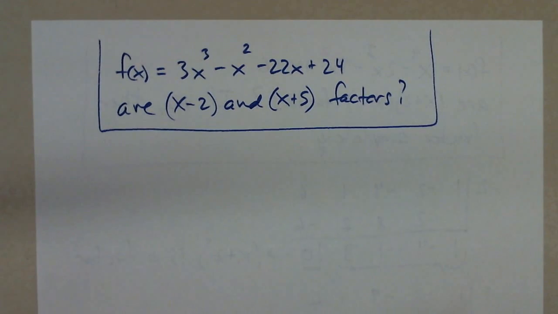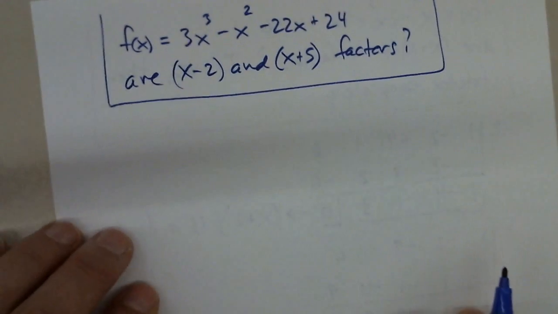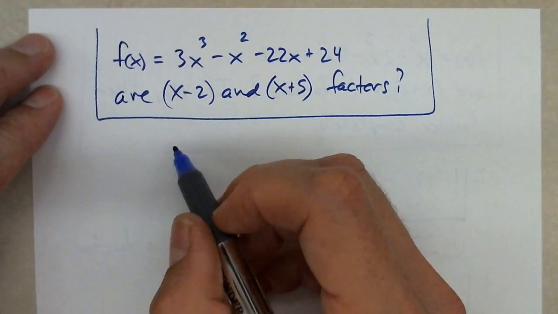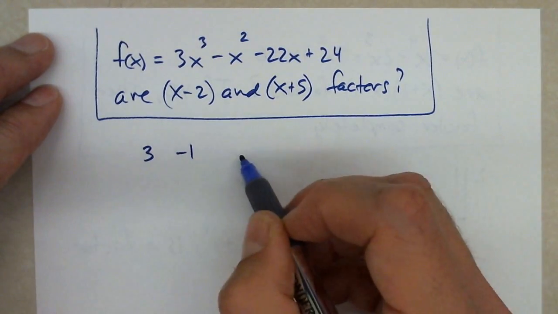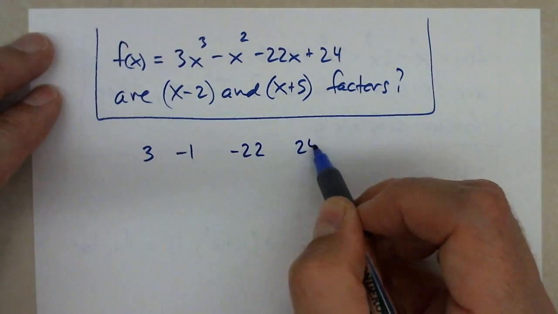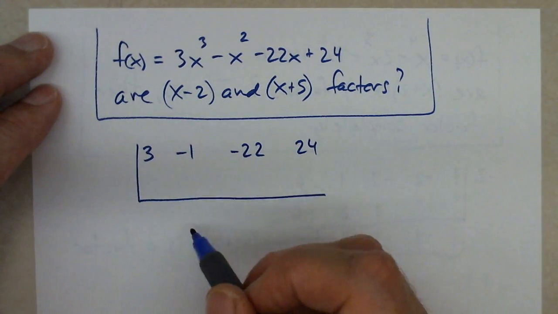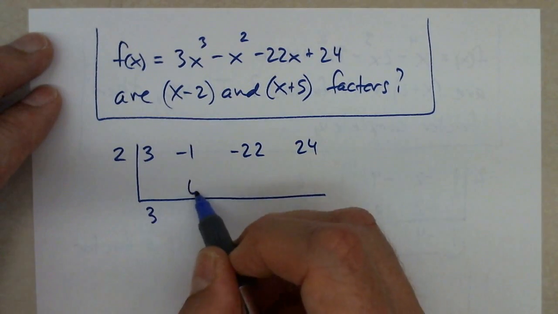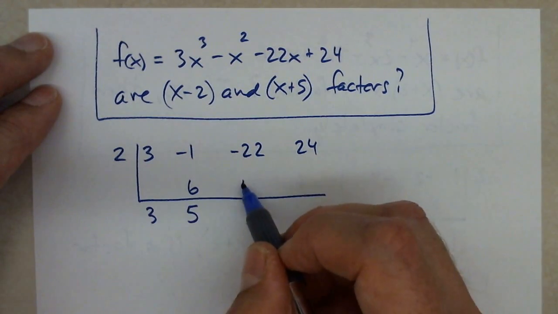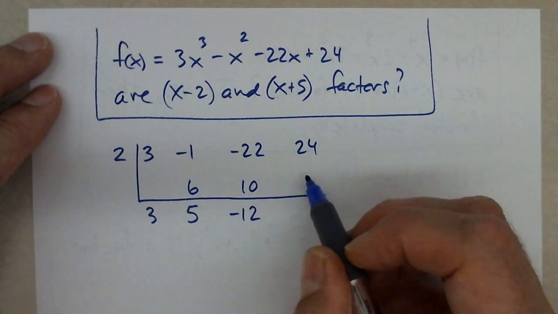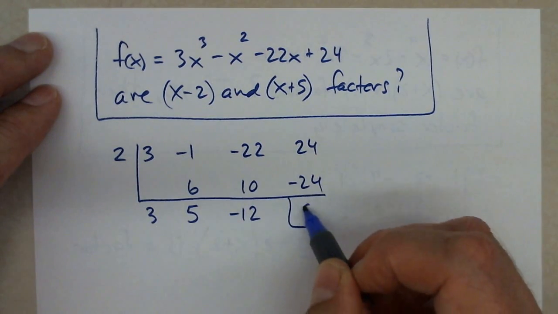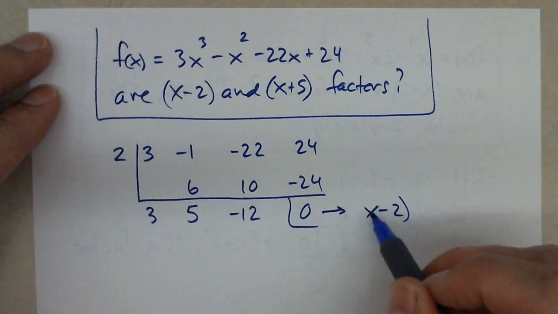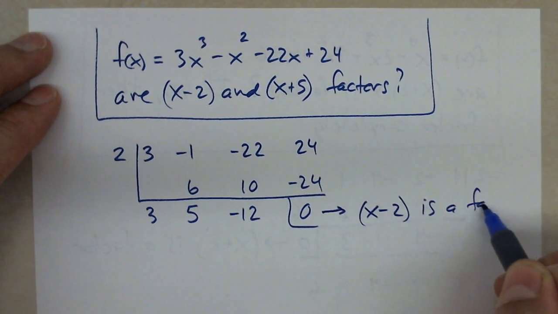Pause and try that one. The remainder is 0, so we know that x minus 2 is a factor.